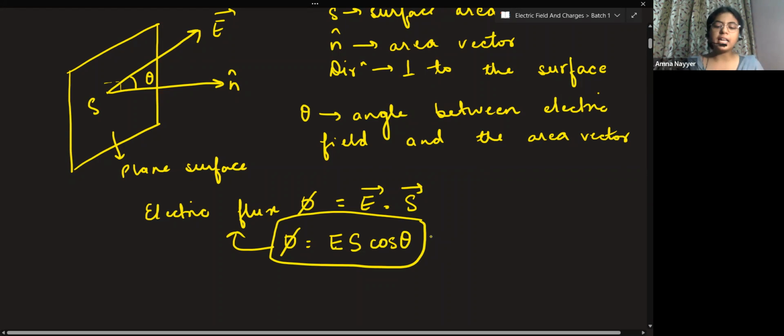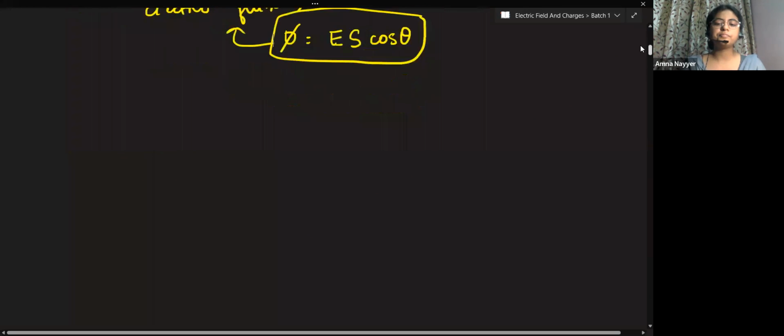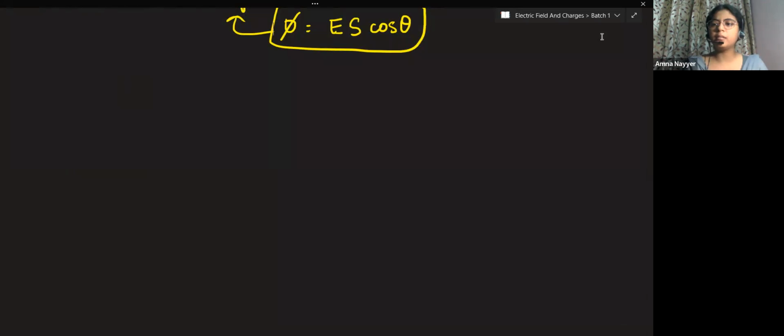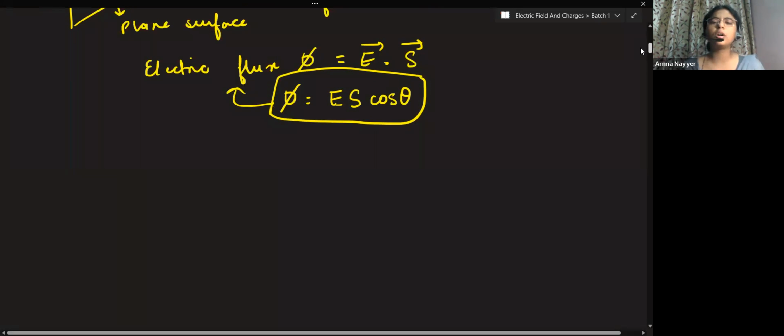Now see, regarding the direction of area vector. Okay, before that, can any one of you tell me what should be the SI unit of flux? Or all of you write to me in the chat box. You know the SI unit of electric field now, you know the SI unit of surface area now. So if you take the product of the electric field's SI unit and surface area, what should be the SI unit of electric flux?